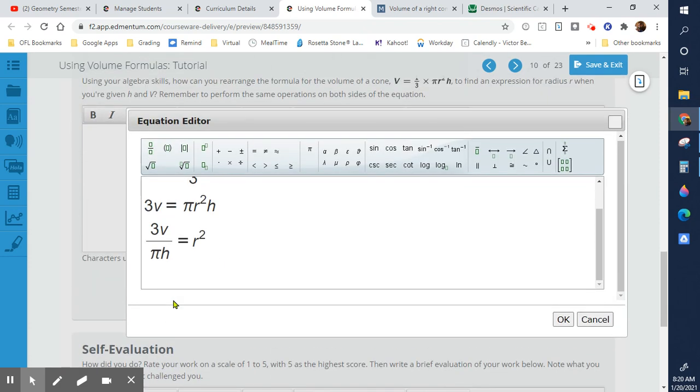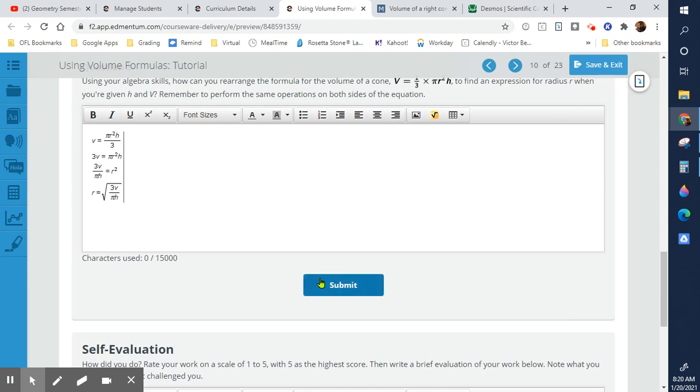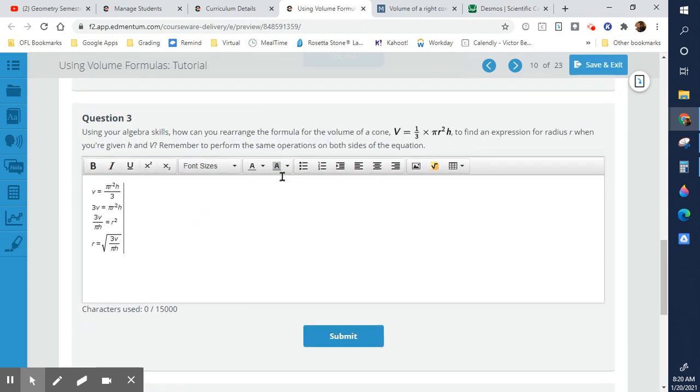So we're going to say r equals, the way we got rid of the squared was by square rooting, the square root of the fraction 3V over pi h. And that's how we solve for radius, given the height and the volume.